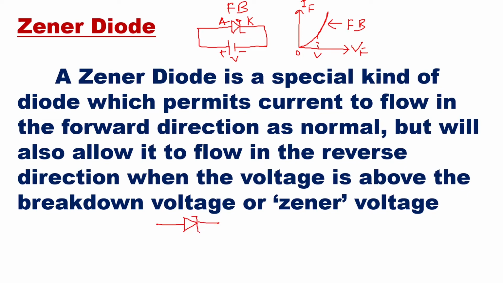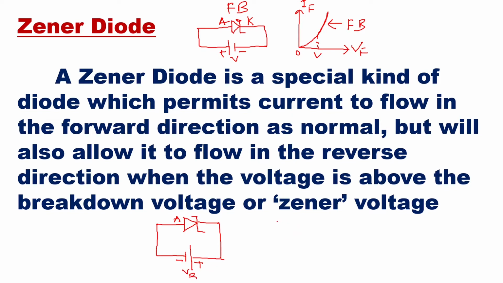We draw the Zener diode symbol, and apply the voltage such that the negative terminal of the battery is connected to the anode and the positive terminal to the cathode. This is your reverse bias condition, minus plus, the reverse bias voltage you are applying.